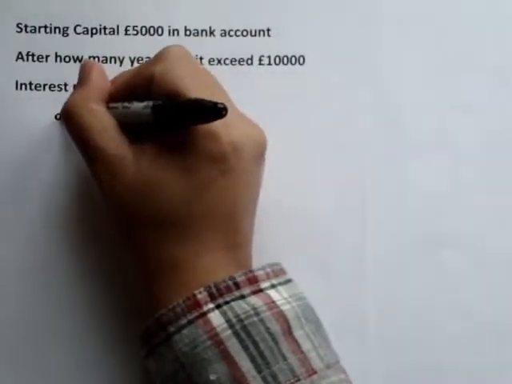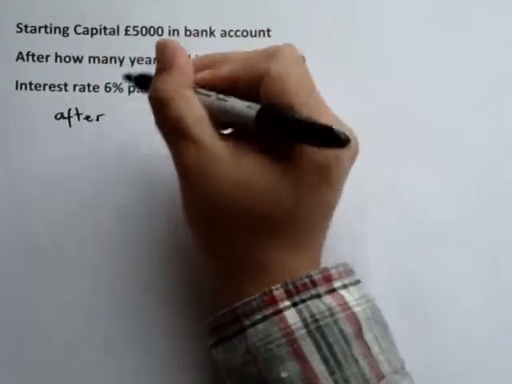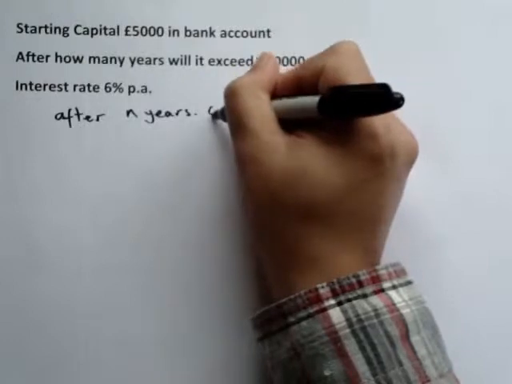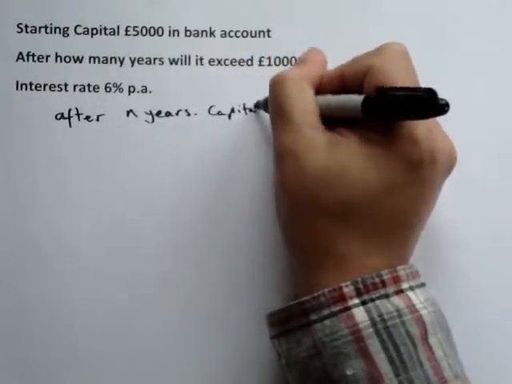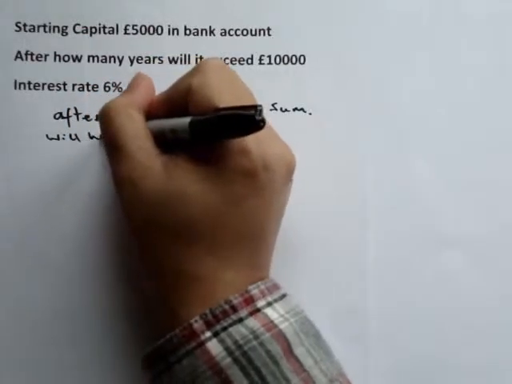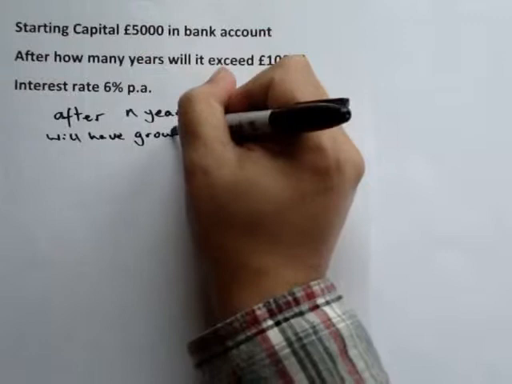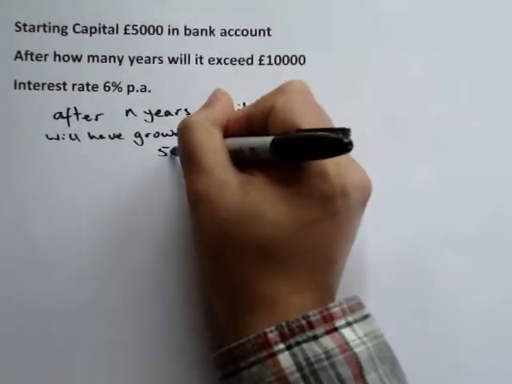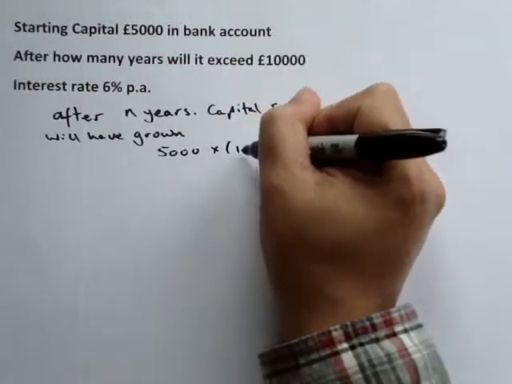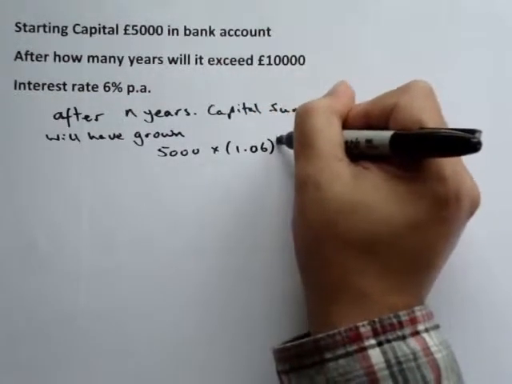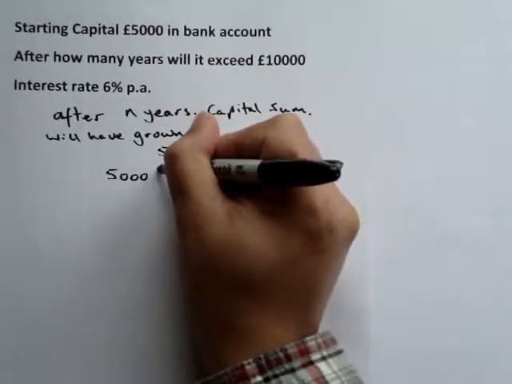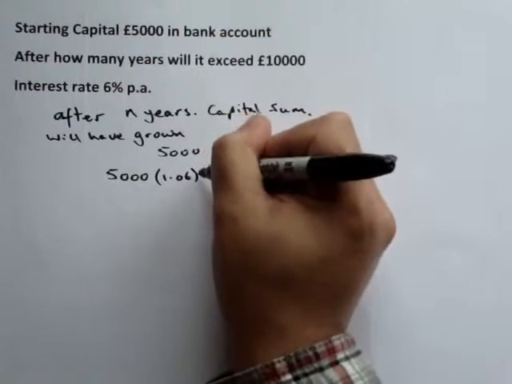So here we have after n years, the capital sum will have grown to £5,000, which is what we initially started with, times the interest rate of 1.06 to the n.